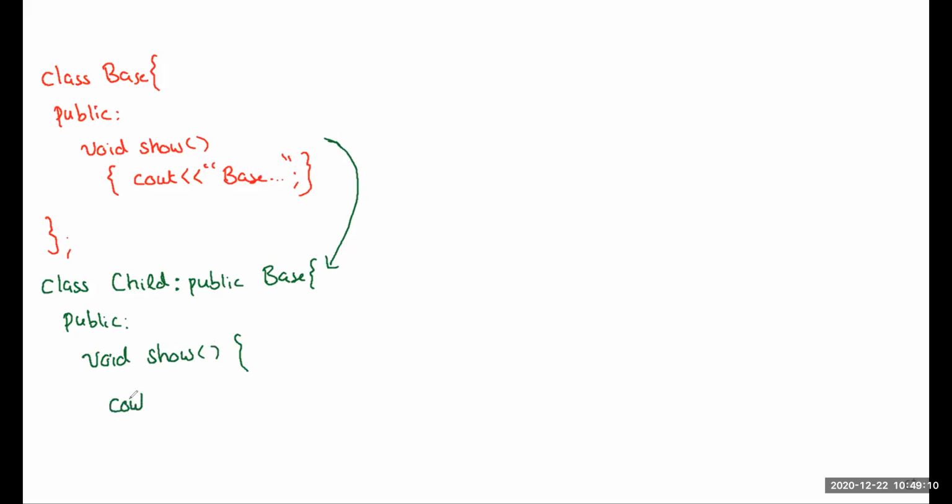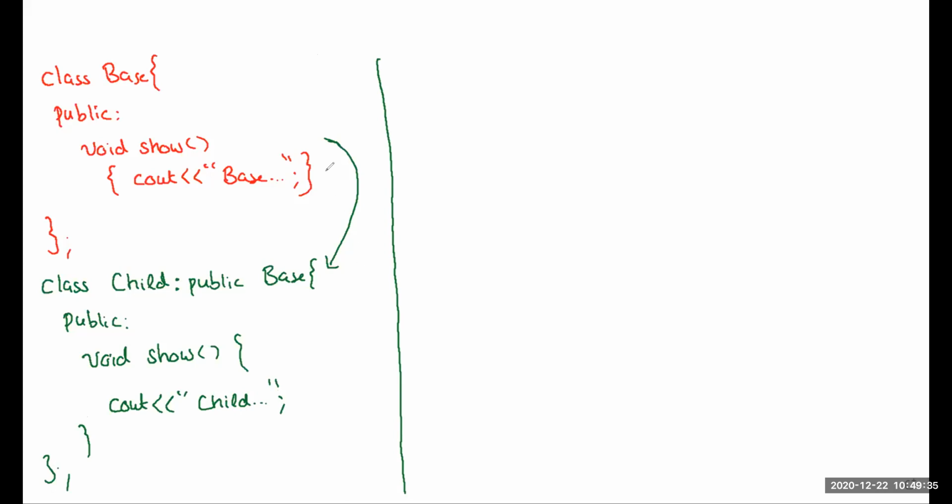So now within this I write cout, and we end the class here. So now we have simply one parent class, one child class. The parent class has a show function and the child class is overriding that function. Nothing much, fairly simple things.